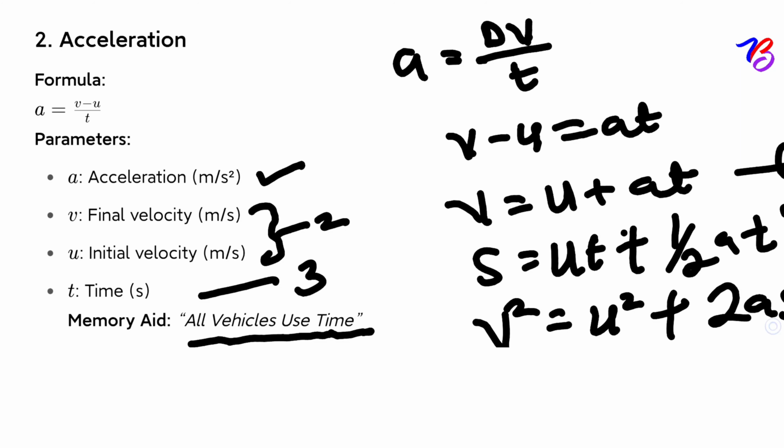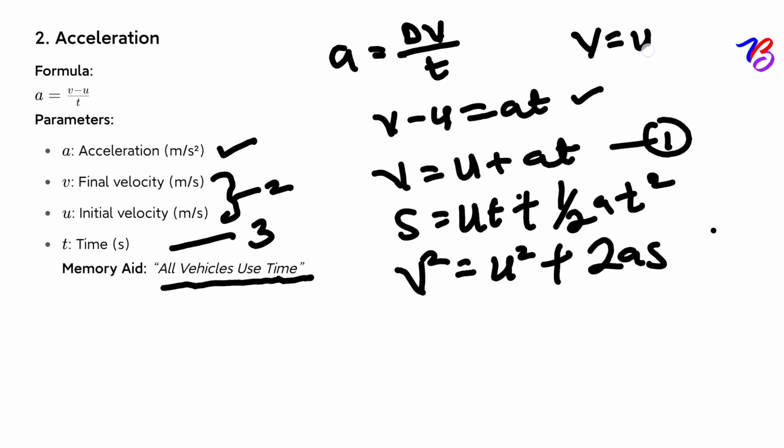Are we together? And this gives us the foundational formula also to other formulas in other topics. For example, if we relate this to acceleration due to gravity, our first equation will be transformed into V is equal to U plus what? GT. It can be plus or minus. Are we together?